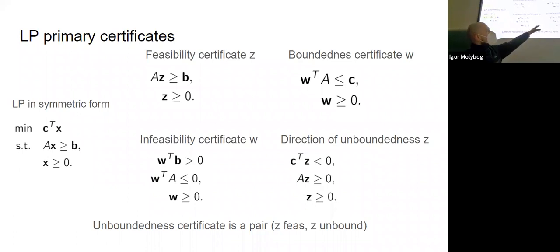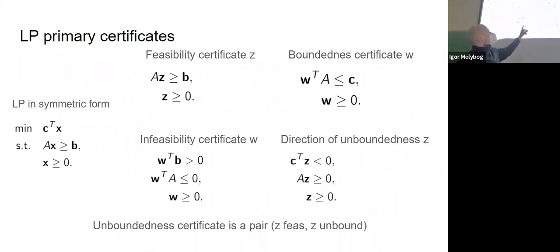What we require from a direction of unboundedness is that it has a negative correlation with the vector of coefficients c, and also when we scale the vector z, it doesn't have to be bounded by the vector b. So basically the same system of inequalities has to be satisfied, but we substitute zeros instead of b.